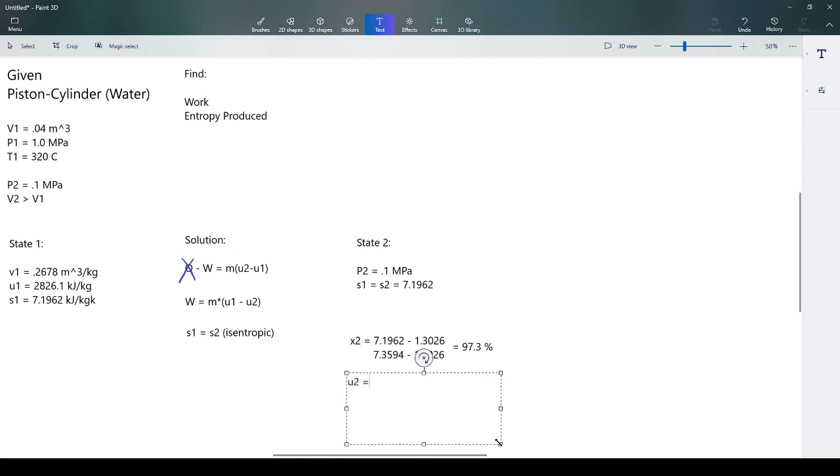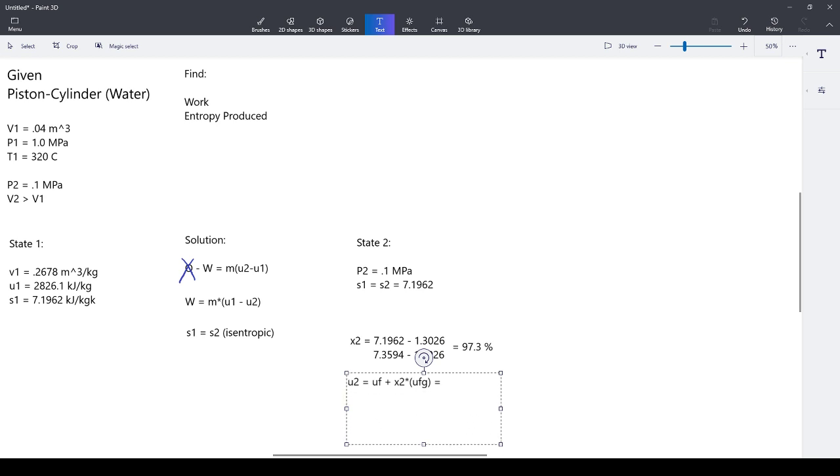Okay? So now that we have that, we can then find the next part, which is U2 would be equal to UF plus X2 times UFG, which is UG minus UF. And I will get us an answer to that very fast because we are running out of time. So let's do that. We have times 2506.1 minus 417.36.